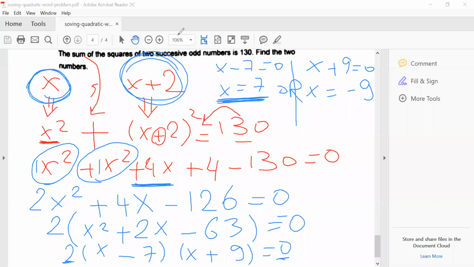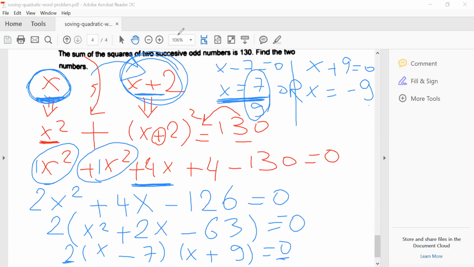When I'm getting x, I'm getting one of the numbers, the first number. Maybe 7, maybe negative 9. You didn't get the successive one yet. When x equals 7, we said the other number will be x plus 2. So when x equals 7, the other number will be 9, because 7 plus 2 equals 9.